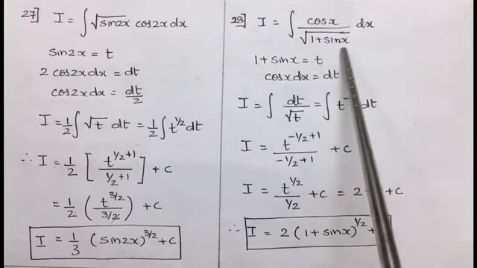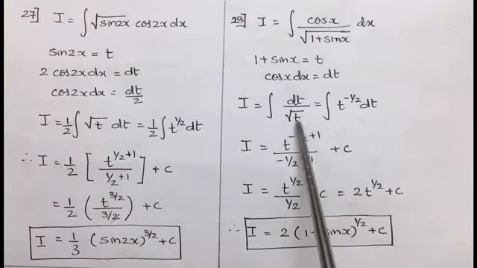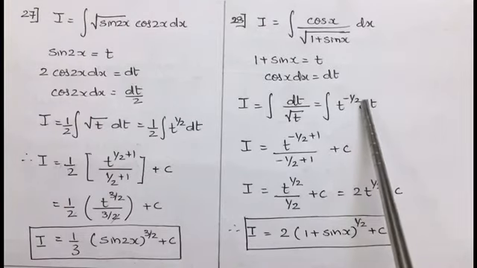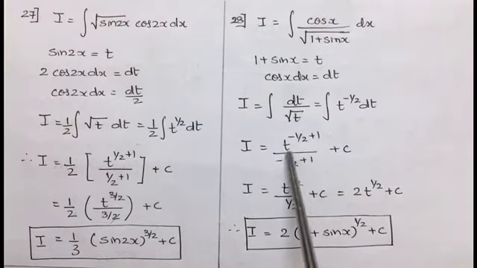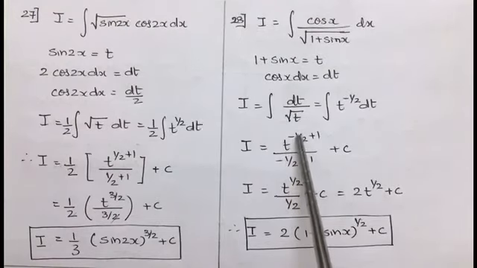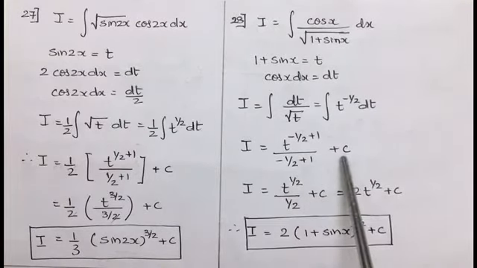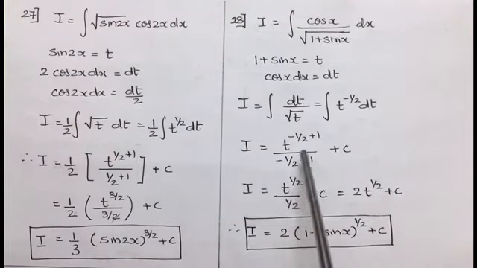Root of 1 plus sin x is replaced as root t. Now to integrate root t in the denominator, it is expressed as t raised to minus 1 by 2 dt. Integrating it by using t raised to minus 1 by 2 plus 1 divided by minus 1 by 2 plus 1 plus c, because the sign of integration we are not writing.